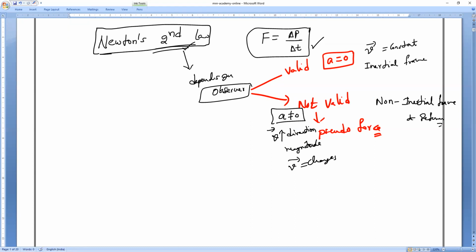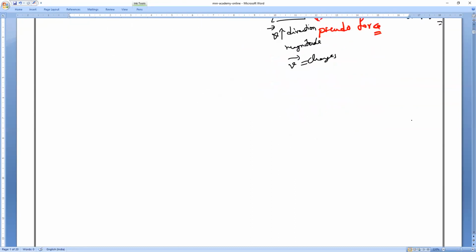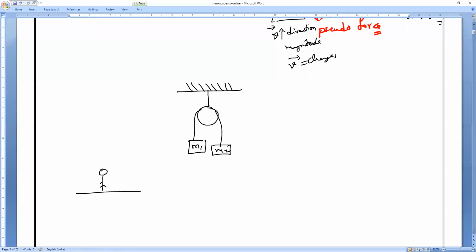Basically, we have solved many pulley sums. A pulley is used to lift weights. There is a weight M1 and another weight M2. Now, if the observer is observing from the ground, of course, Earth is in motion. It is an accelerated motion, because in a circular path a body is continuously in accelerated motion.